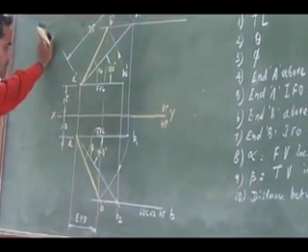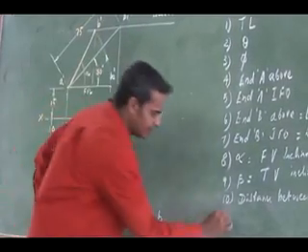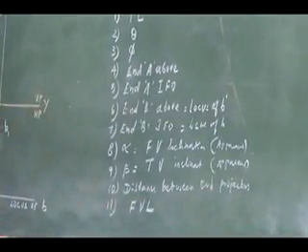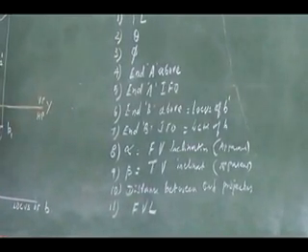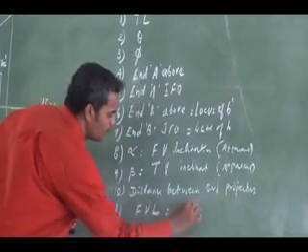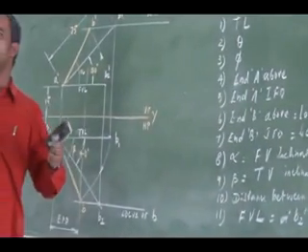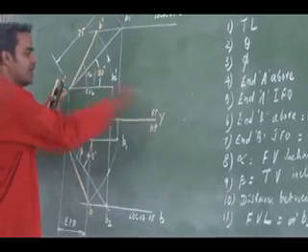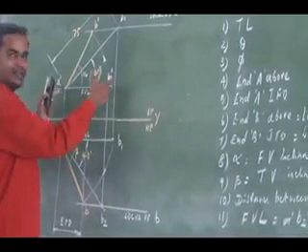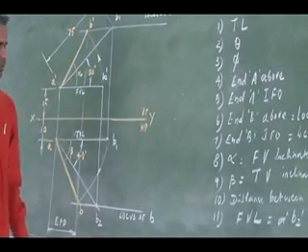Then we have missed: front view length can be given, the 11th. What is front view length? Front view length in this problem is A dash B2 dash. If it is given in a problem, you have to draw a horizontal line A dash B2 dash to that length, and from that you enter the final position.